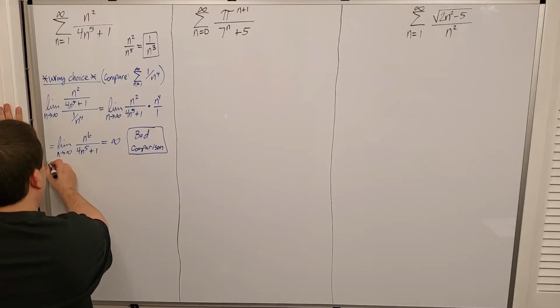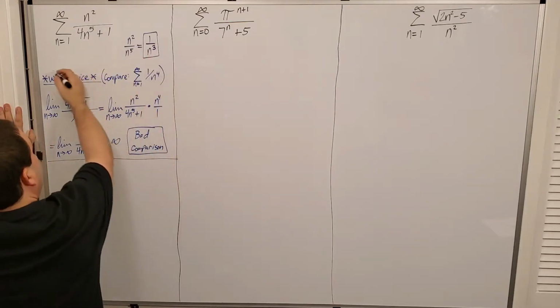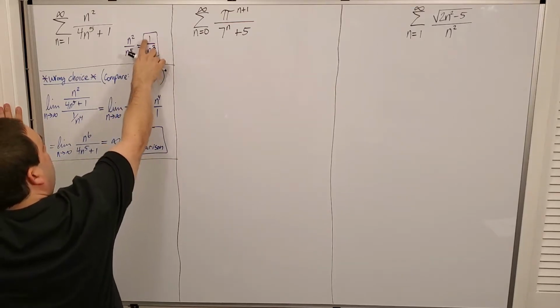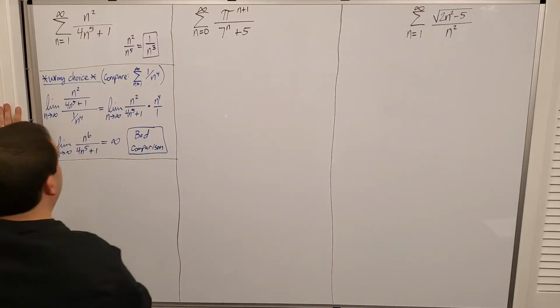Okay, now the correct choice that I just showed you, the little reason that I picked it right here, the correct choice would be 1 over n to the third.